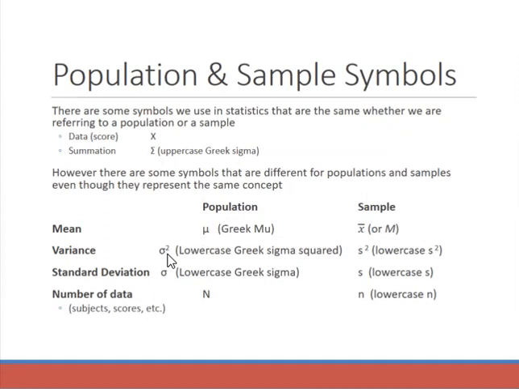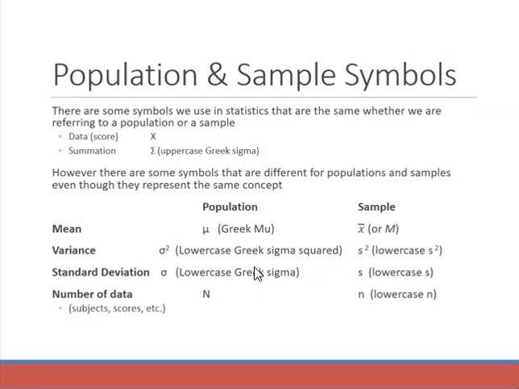For variance, this symbol right here is the lowercase Greek letter sigma. For a population, sigma squared indicates a population variance. For a sample, s squared indicates a sample variance.